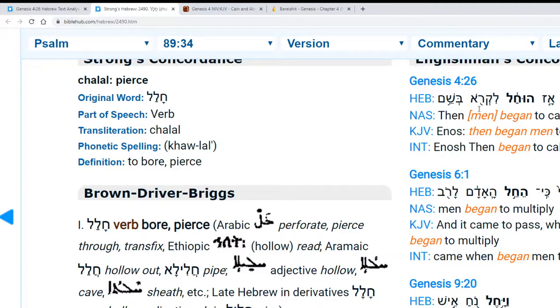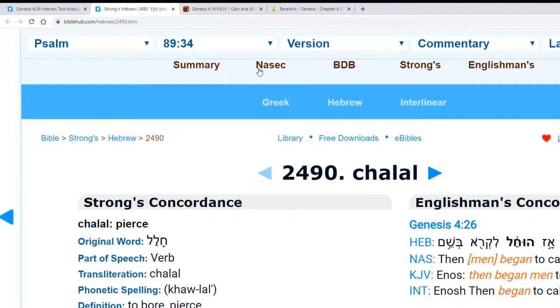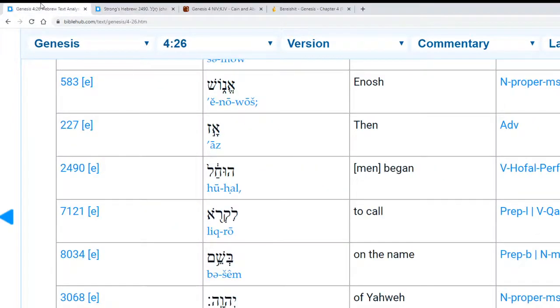It's translated as to begin, which I actually think is a completely different verb from halal. I'm confused here as to what the concordance is doing, which might just be because we're at the end.